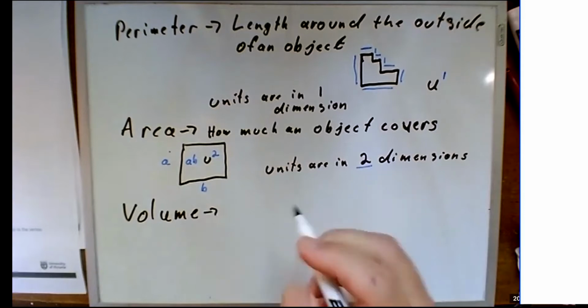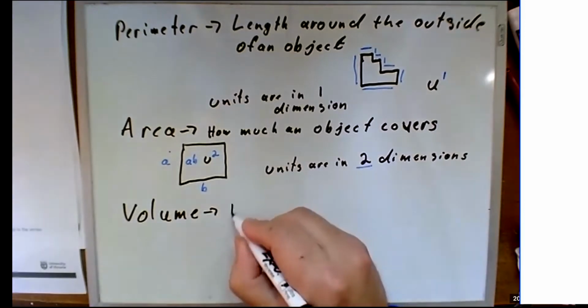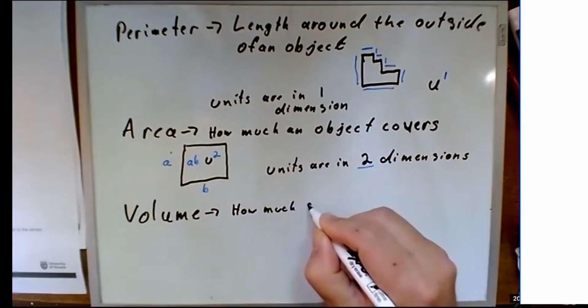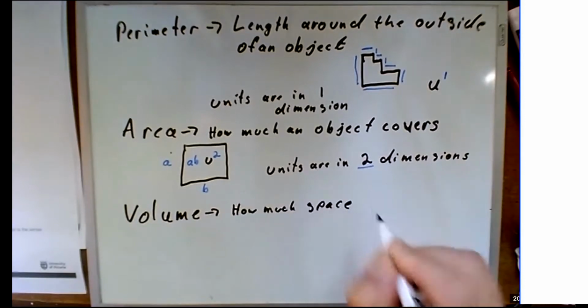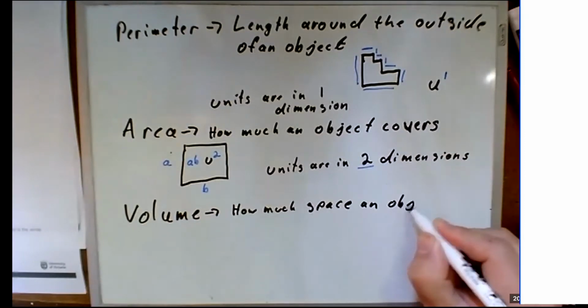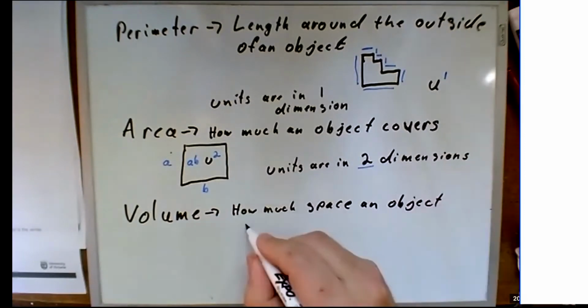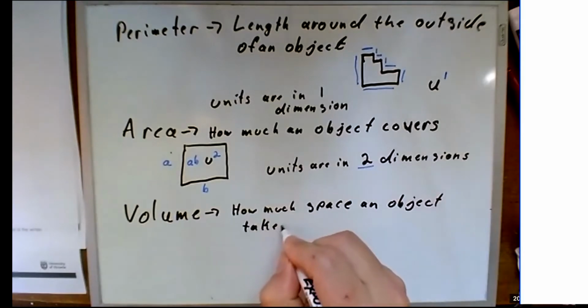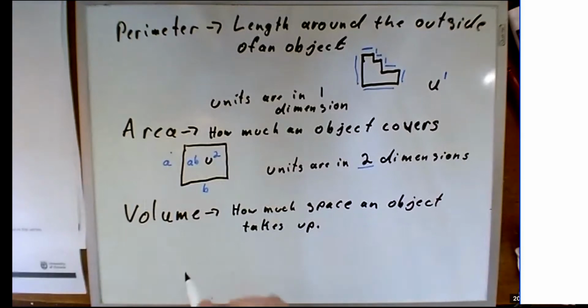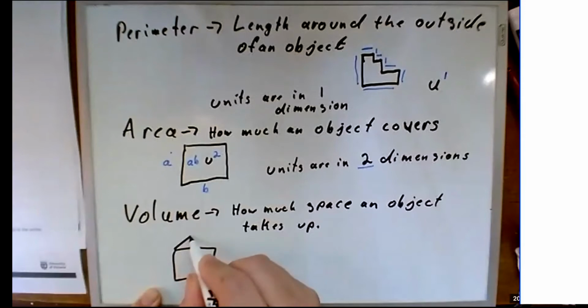Which then moves us on to volume. When we're looking at volume, we're looking at how much space an object takes up. So now we're looking at objects in 3 dimensions.